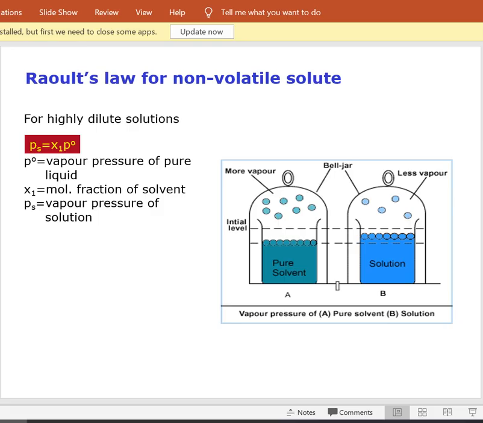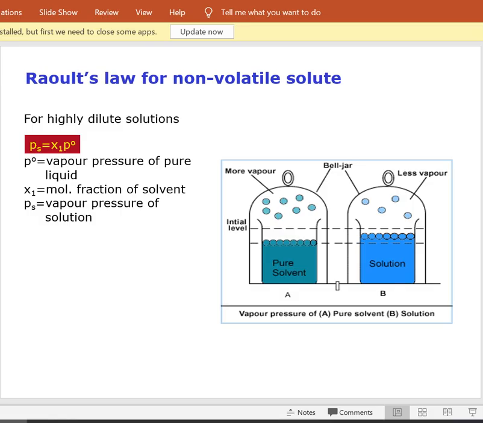for solutions of non-volatile solute in solvent, it states that vapor pressure of a solution containing non-volatile solute is directly proportional to the mole fraction of the solvent. Because solute is non-volatile, so it cannot form the vapors.